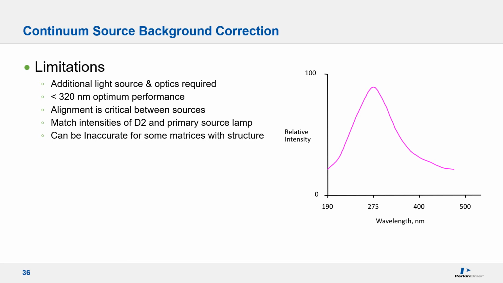And finally, since the two sources are spectrally different, background absorption exhibiting fine spectral structure may attenuate the two sources to different degrees, leading to inaccuracies in background correction in these cases. This is one of the greatest limitations of continuum correction. However, all things considered, this correction technique does work quite well for simple and less complex matrices.